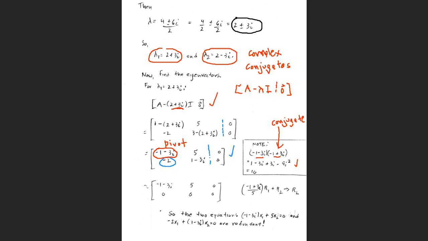Remember, if you take a complex number and multiply by its conjugate, you'll get a real number. These cancel here, -3i and +3i.